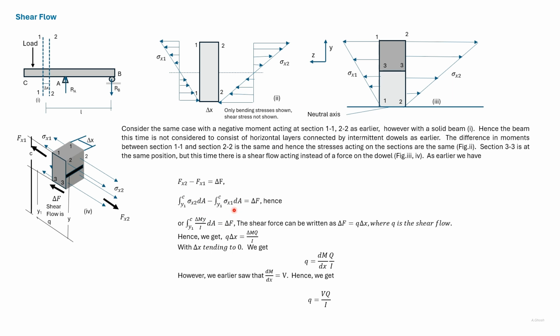We can write sigma x1 as My by I and sigma x2 as (M plus del M) y by I, and subtracting we get del M y by I into dA, integrated from y1 to c, as del F.